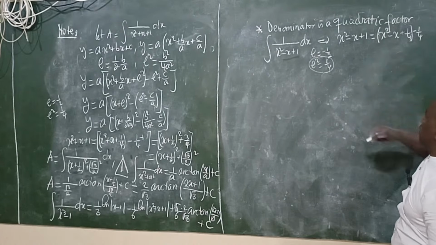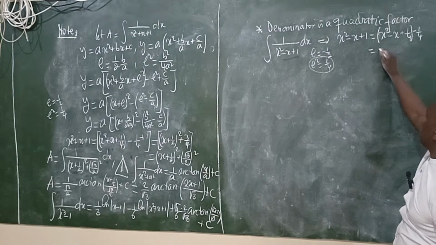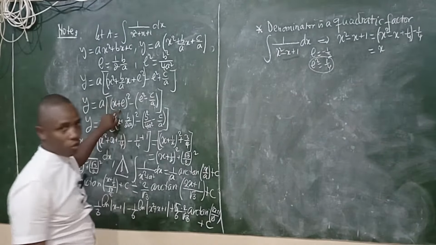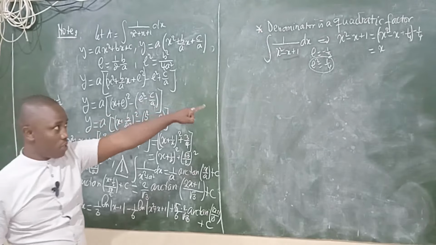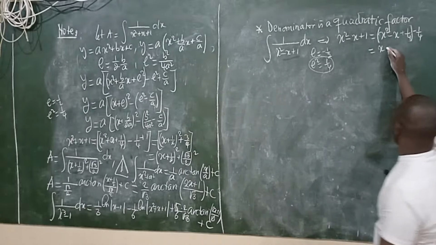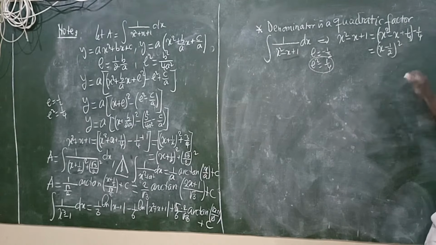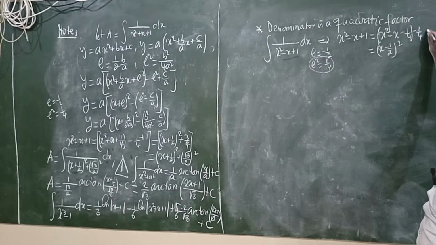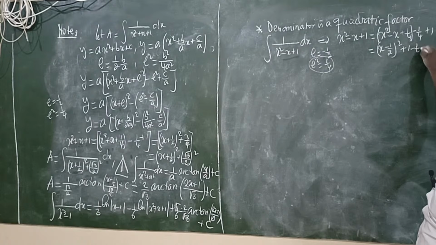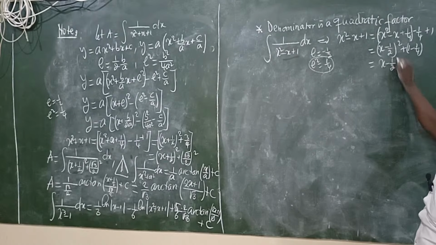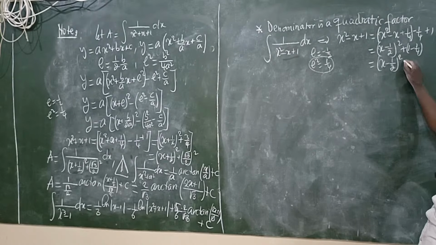Then we have x plus e, and our e is minus a half. That is x minus a half squared. Here, don't forget to add this one: plus 1 minus 1 over 4. This is x minus 1 over 2 raised to 2 plus 3 over 4.